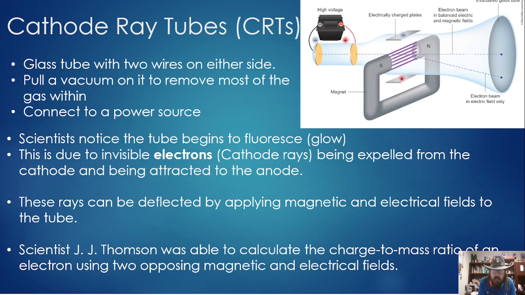So he wanted to apply two opposing fields, electrically charged plates and a magnetic field. And the magnetic field is a constant magnet that's going to deflect it one way, and the electrically charged plate was a variable field where he's going to essentially vary this. And what's going to happen is one's going to be pulling it one way and the other's going to be pulling the other way.